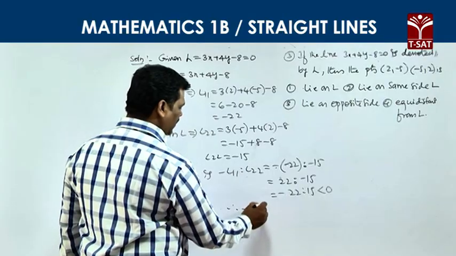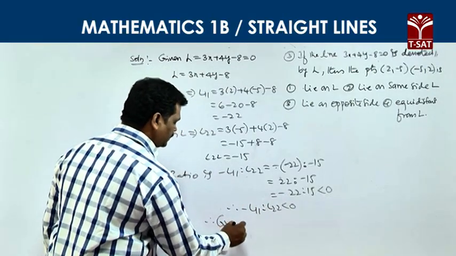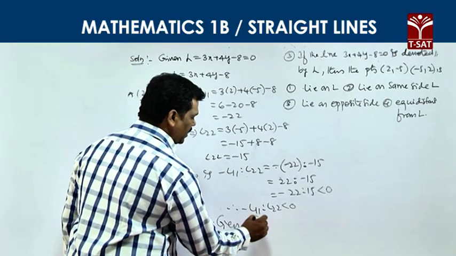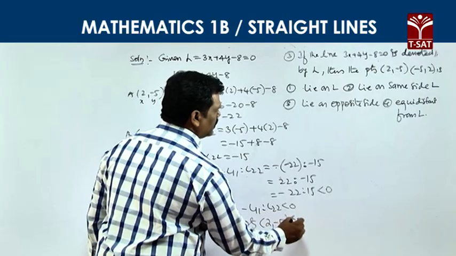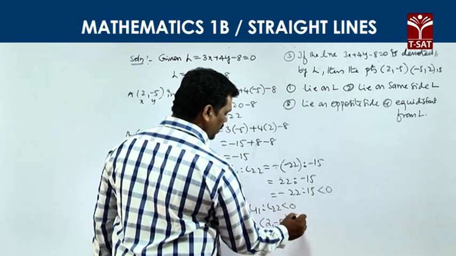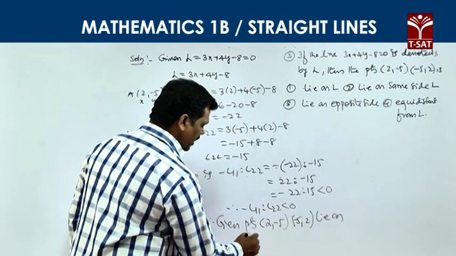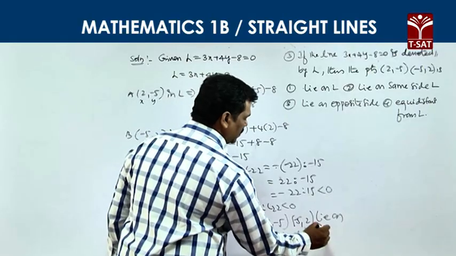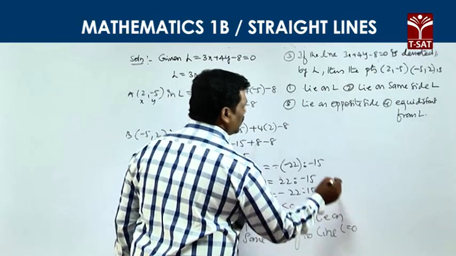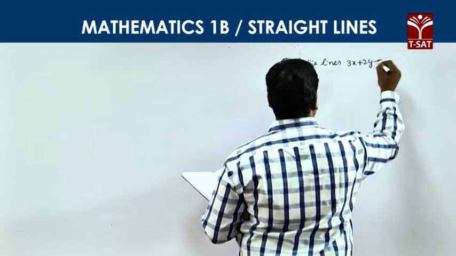Therefore −L11 : L22 is less than 0, so the given points (2, −5) and (−5, 2) lie on the same side of the line L = 0. So the option is the second one.